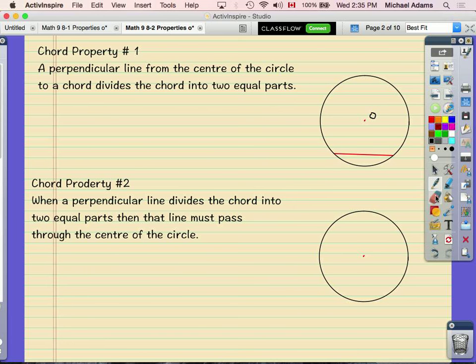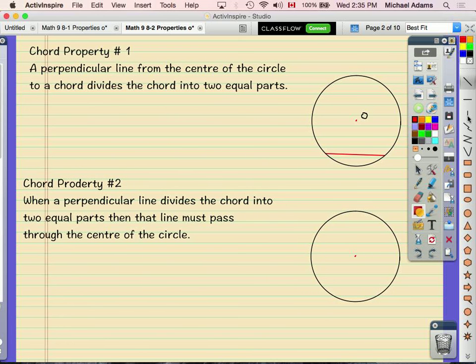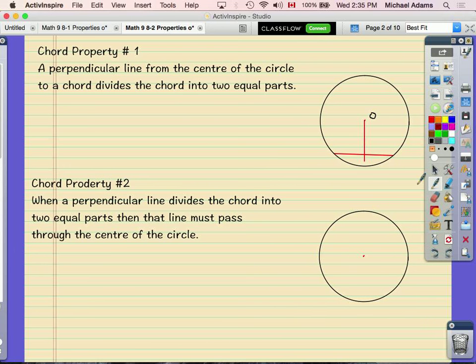Now a line from the center of the circle to the chord divides my chord into two equal parts. That's it.